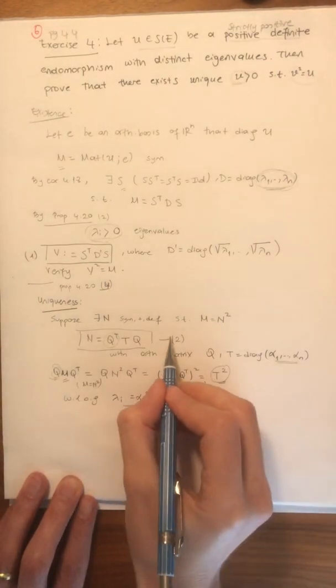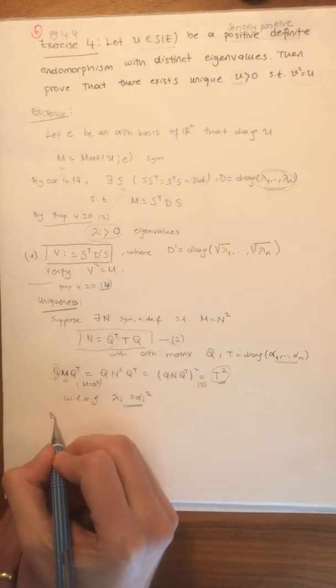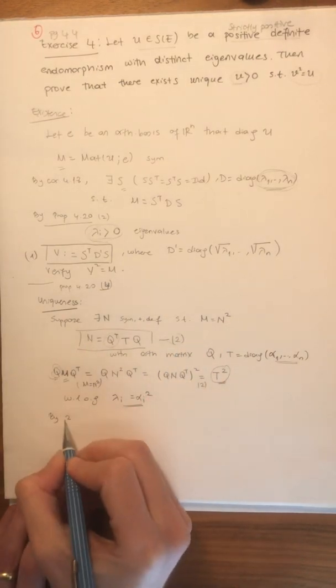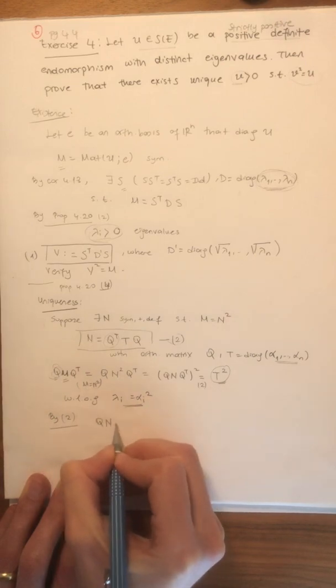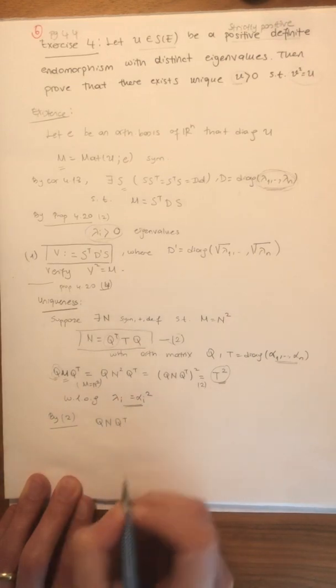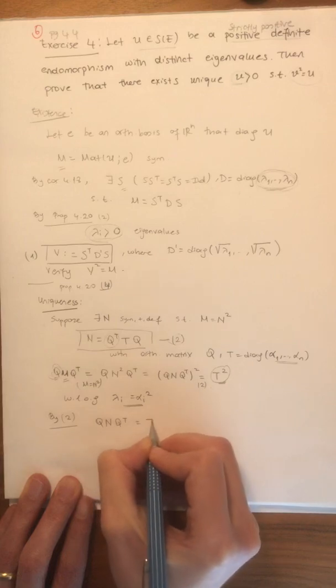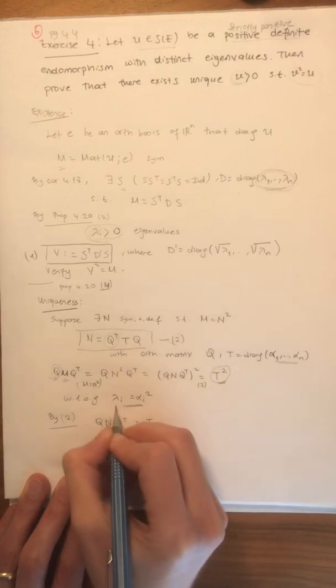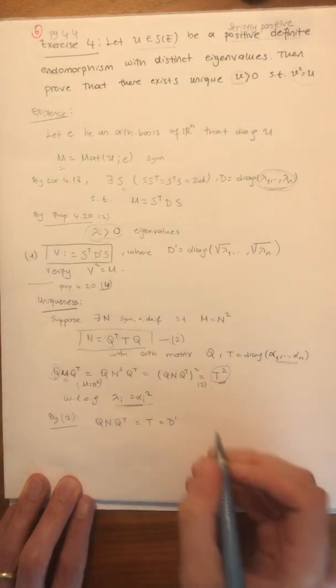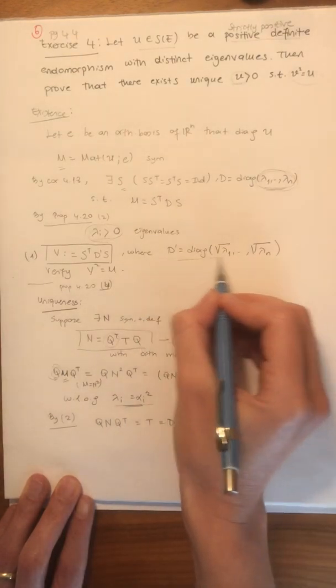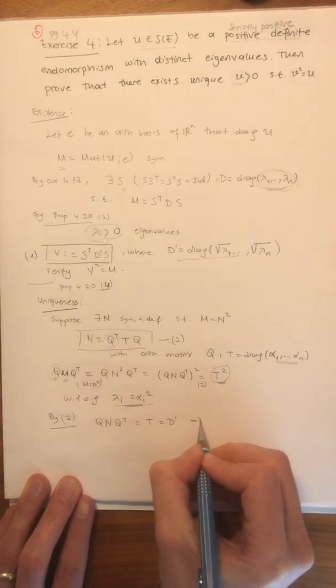And similarly by equation 2, we know that Q N Q transpose is equal to T, and by this setting we know that this is also equal to D prime, this diagonal matrix.